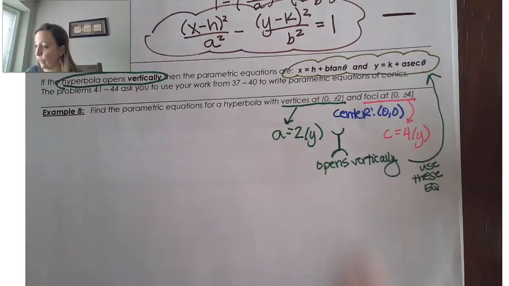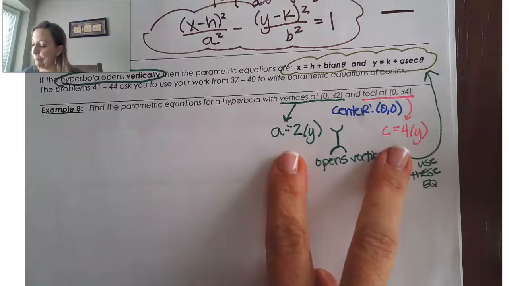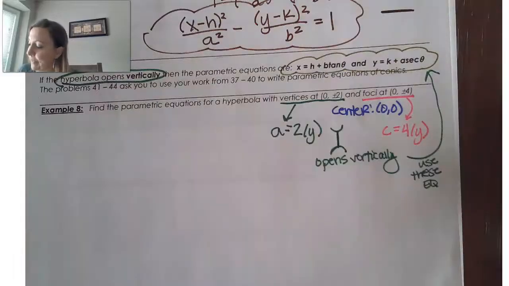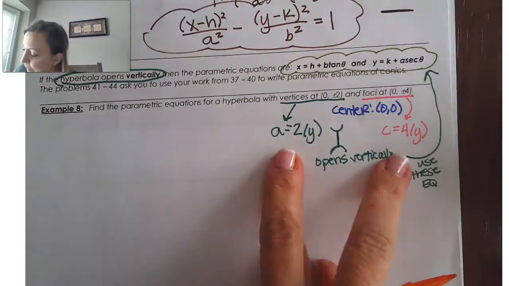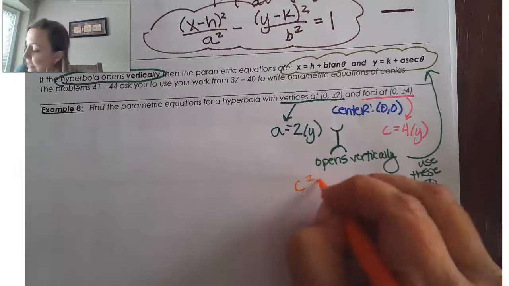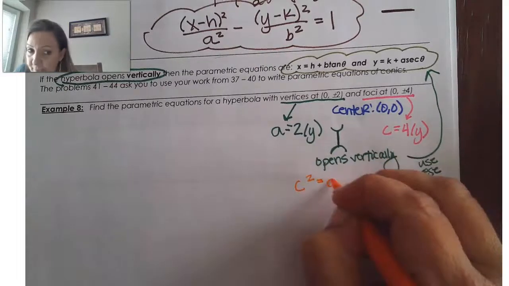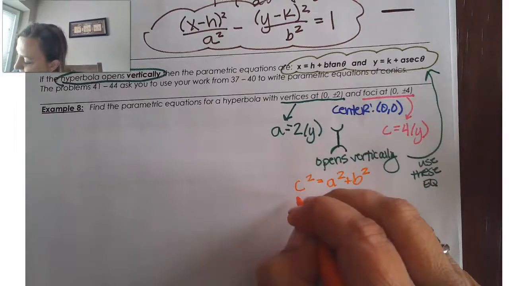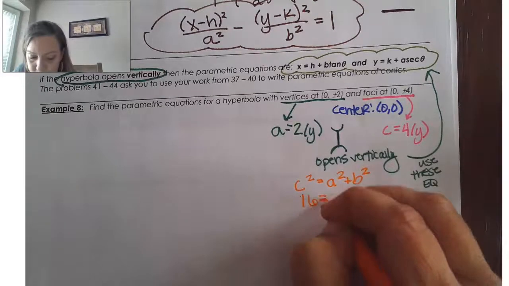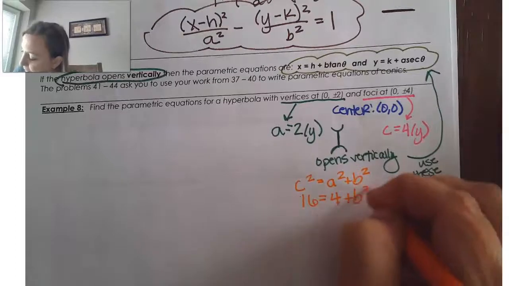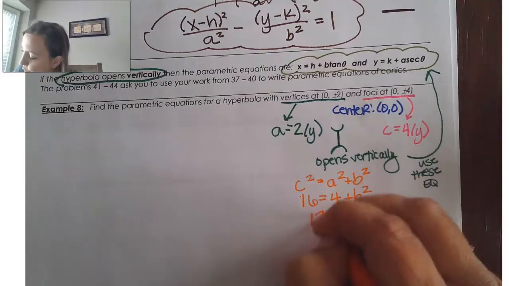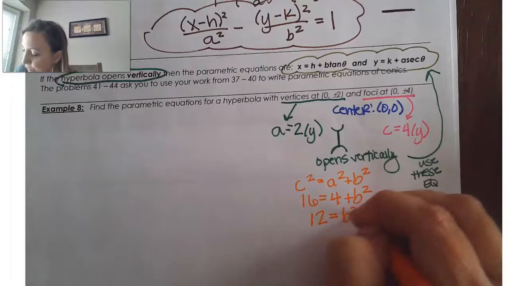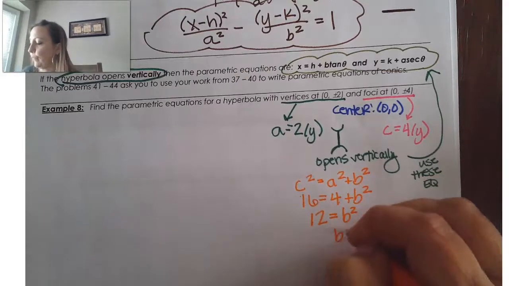But just like we did before, we can use the Pythagorean relationship for hyperbolas, which is that c squared equals a squared plus b squared. And we can see that's going to be 16 equals 4 plus b squared. So that tells us that 12 is b squared, so b is going to be 2 root 3.